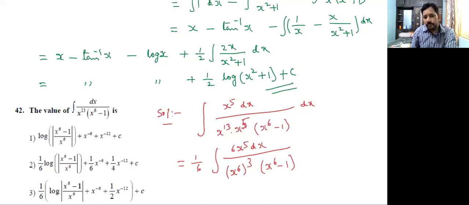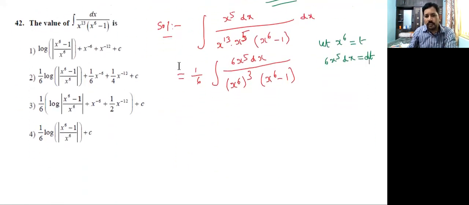Now go to the method: let x^6 = t, so 6x^5 dx = dt. Now substitute those values in the question. Then we get 1/6 into dt divided by t^3 (t − 1).